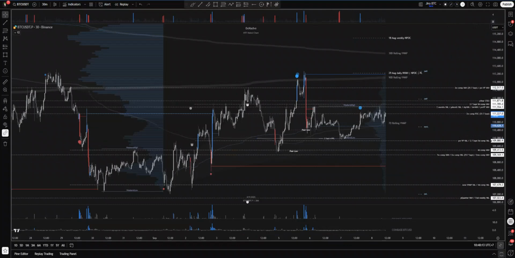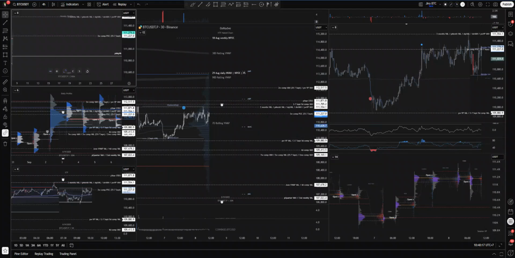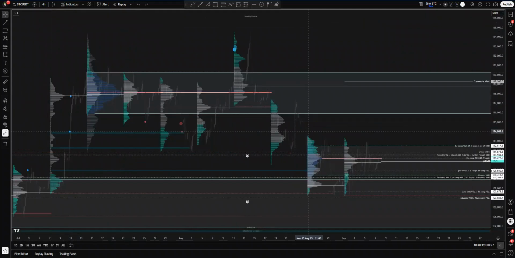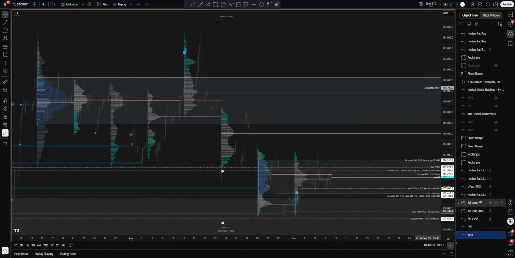So yeah, in summary, for the weekly, we have a 2 weeks composite value area.